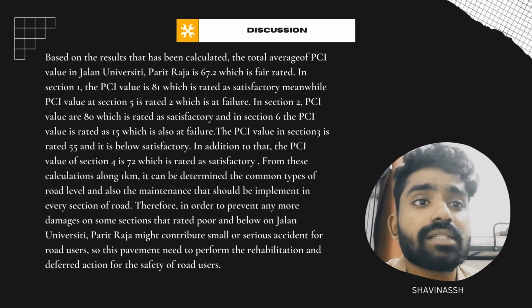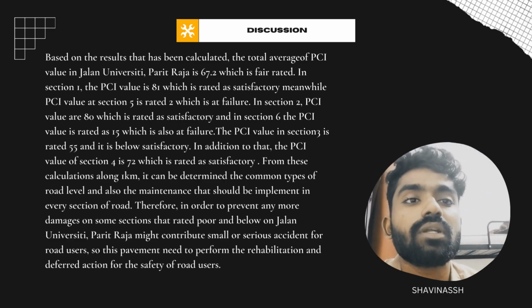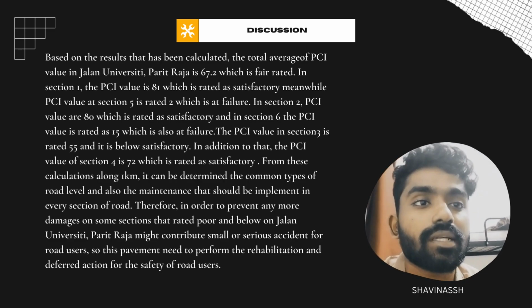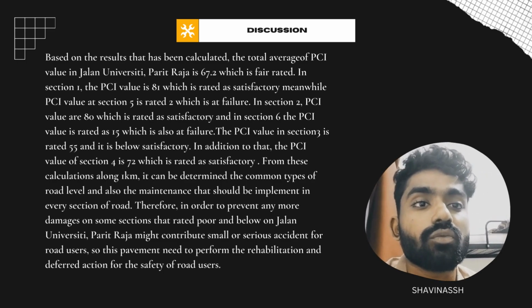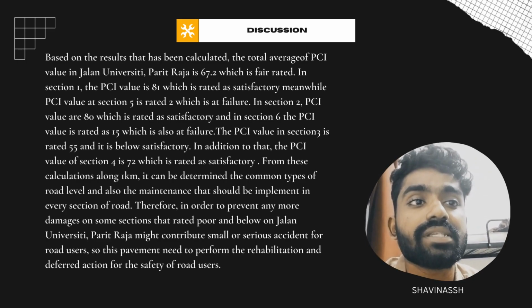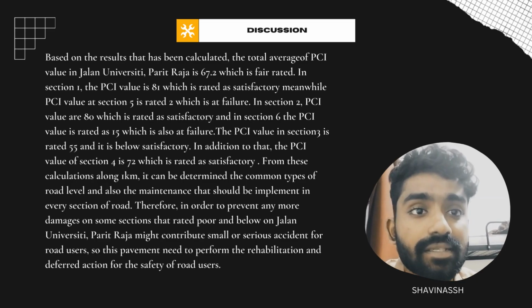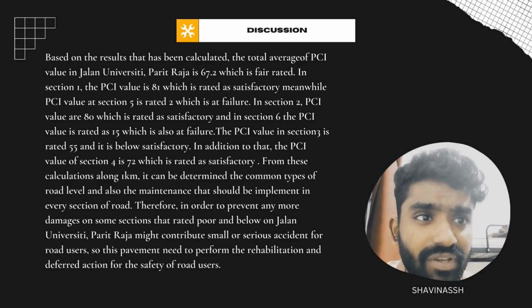So the main discussion is based on the result that has been calculated. The total average of PCI value in Jalan University Pahit Raja is 67.2, which is fair rated. In section 1, the PCI value is 81, which is rated as satisfactory.